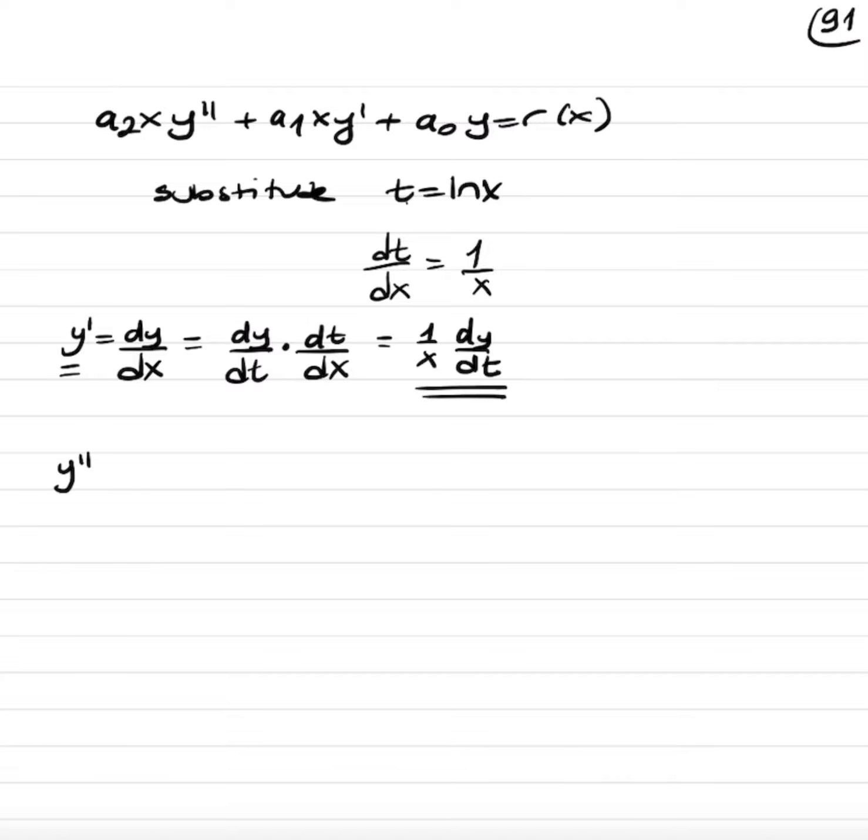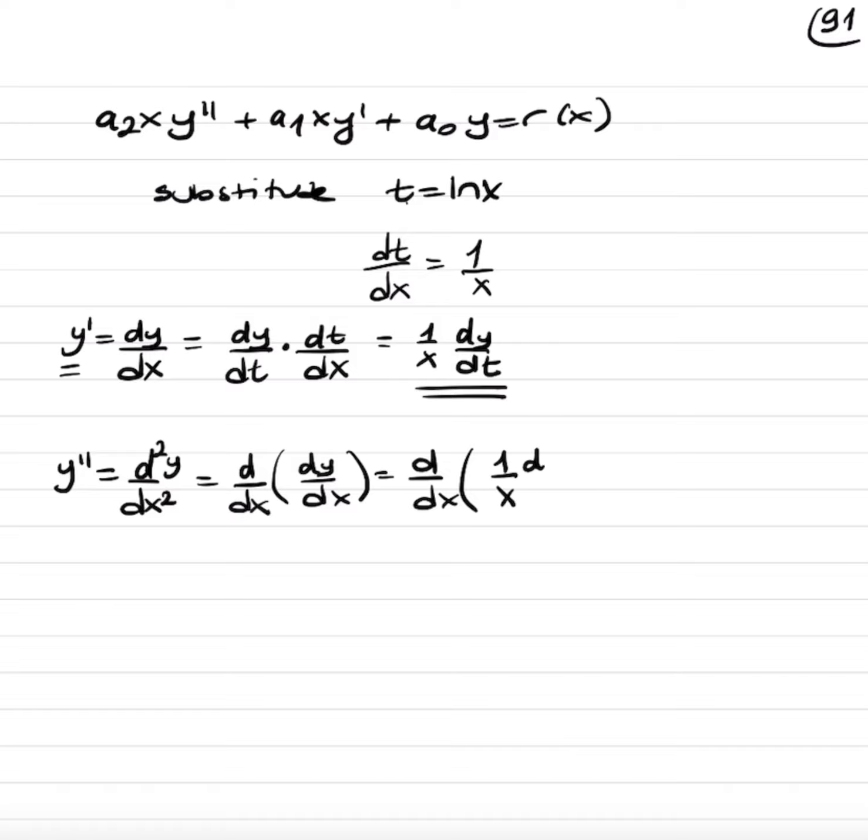What about the second derivative? So for the second derivative, we need d^2y over dx^2, or we can write d over dx of dy over dx. So we found dy over dx is 1 over x dy over dt, right?